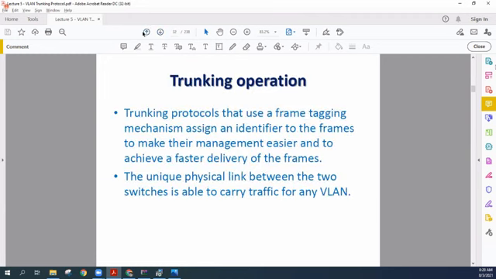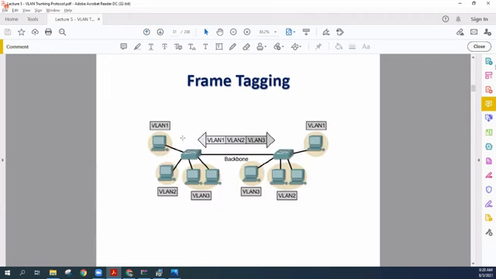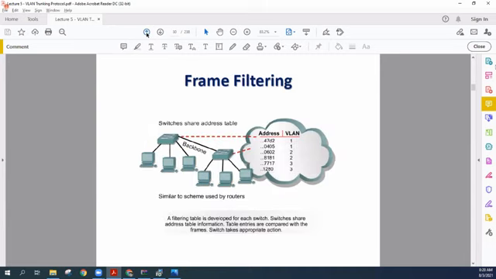Hereafter, frame tagging is described. With frame filtering, there is not much detail. However, it is similar to maintaining the routing table or forwarding table in layer 3 communication. With layer 3 communication, what we refer to is just the forwarding table with the port and the range of IP addresses.